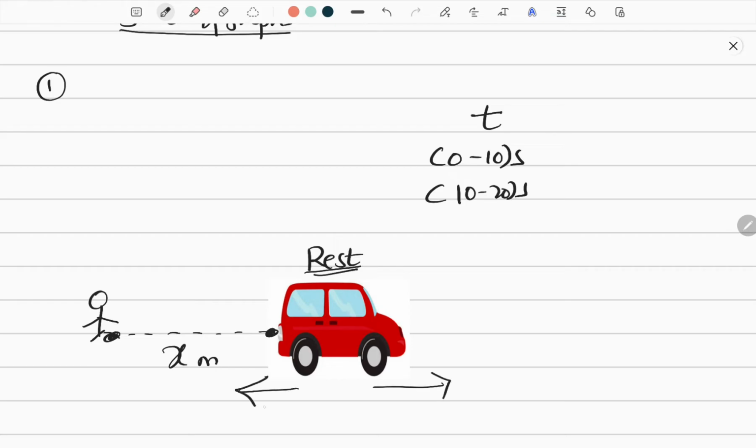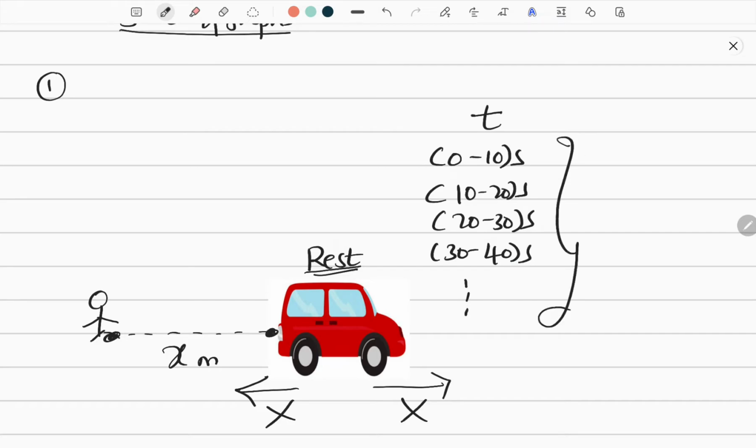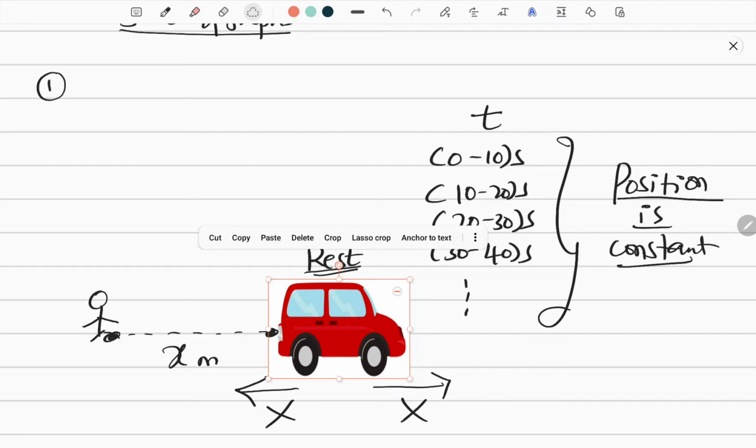Then again he observed from 20 to 30 seconds, then 30 to 40 seconds. He kept on observing, and for all these he found that position is not changing, position is constant. Then definitely we can say that this car is at rest.